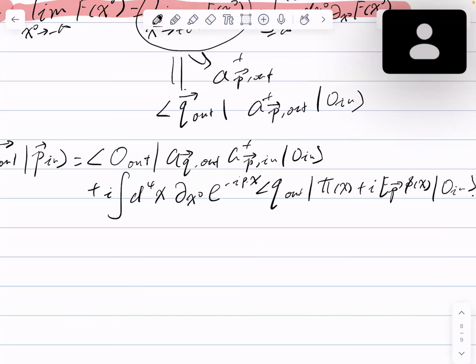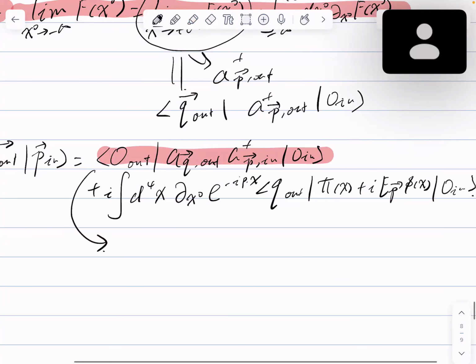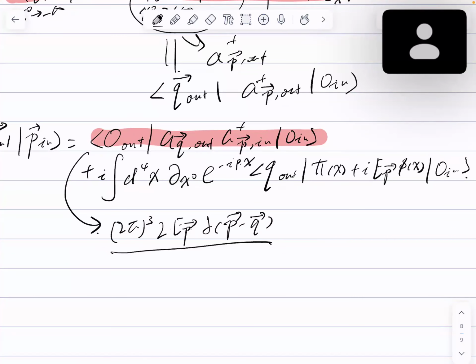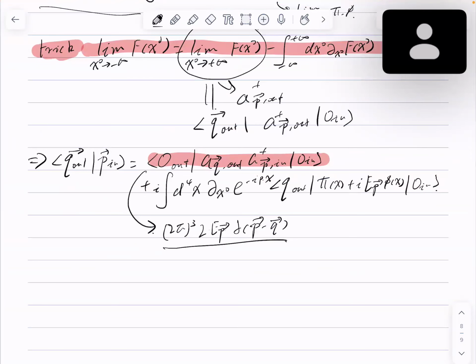Notice the first term here. Actually, it's just 2 pi to the 3 power 2 E_P delta P minus Q. And it doesn't contain any interaction term, so it will not affect the calculation of our transition amplitude. So we can just drop it.